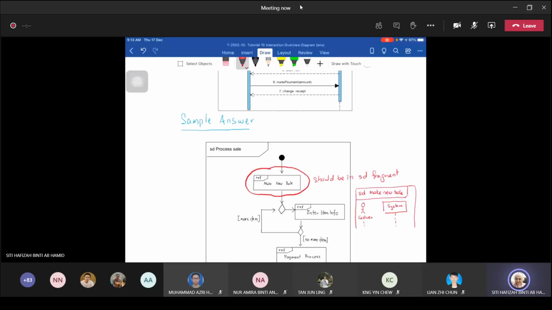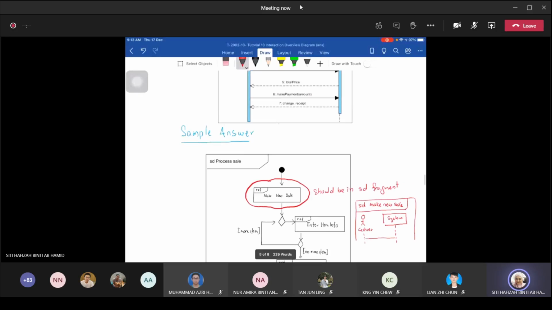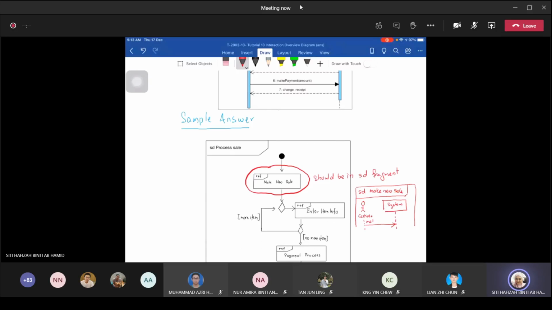So what happened is just like that. I change it to make new sale. This one shouldn't be a reference; it should be in this form, SD.